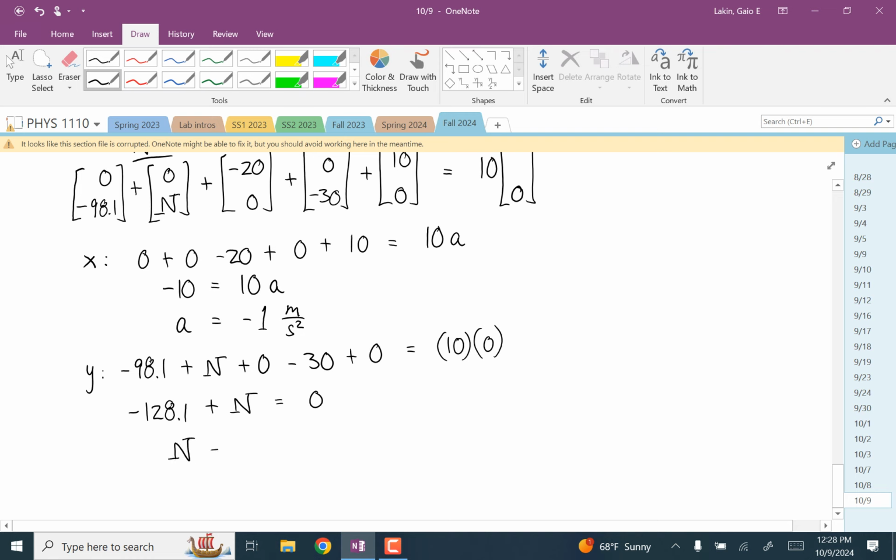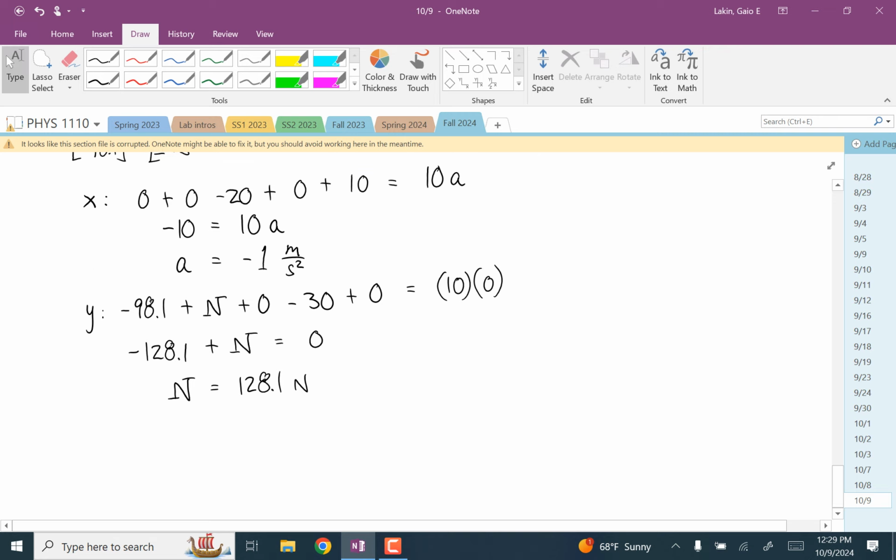And so n is equal to positive 128.1 newtons. Again, though, that's not the format that I asked for the answer to be in. I asked for an acceleration vector and a force vector that the ground applies to the cart.